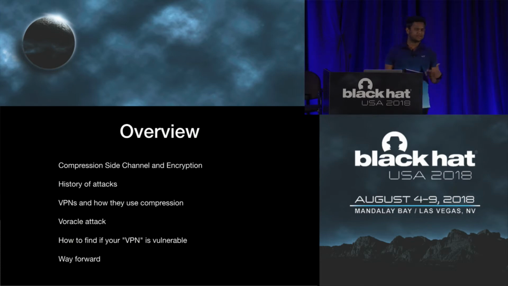The end goal today is that I'm going to take a VPN and leak secrets from it. It's a generic attack, but I'm going to show a very specific demo on a very specific VPN called OpenVPN, which some of you might have heard of, which is popularly used. And obviously, I will also say what the way forward is, and how to defend, things like that.